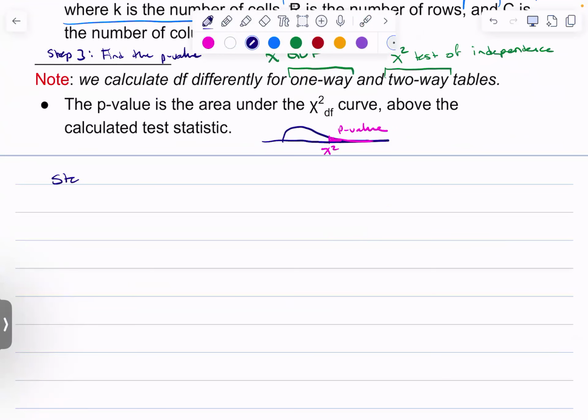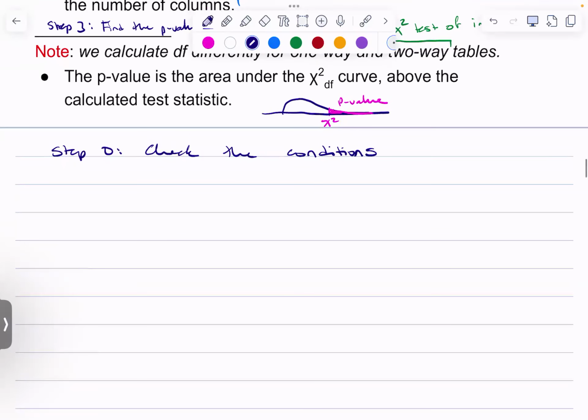So we'll start here. Step 0, check the conditions. We need independence. Now we're doing a test for independence, but context tells me that what I'm testing for is whether these two variables are independent of each other, right?